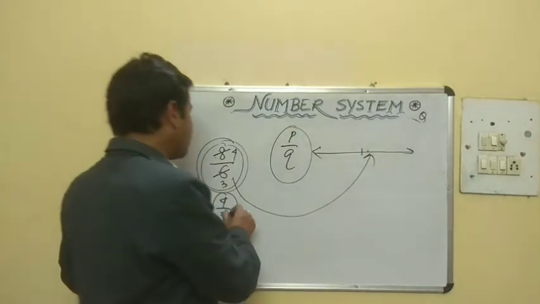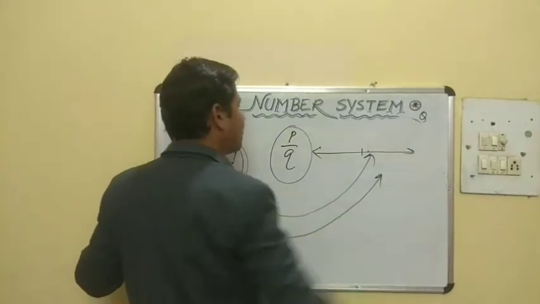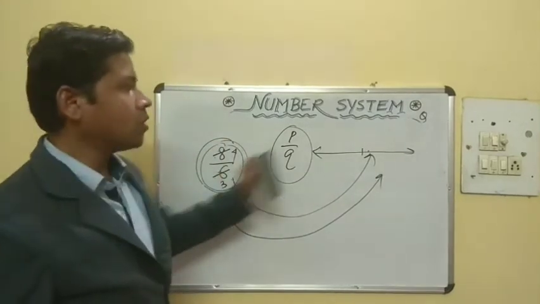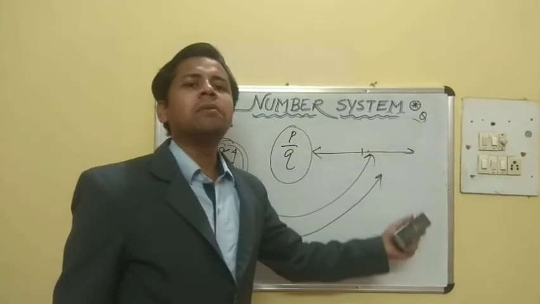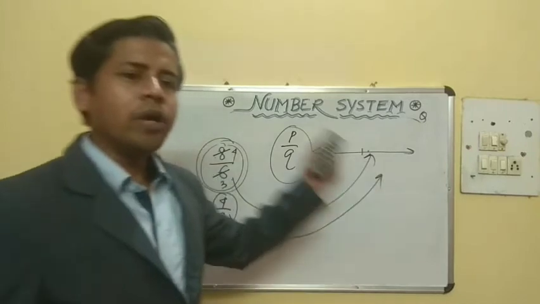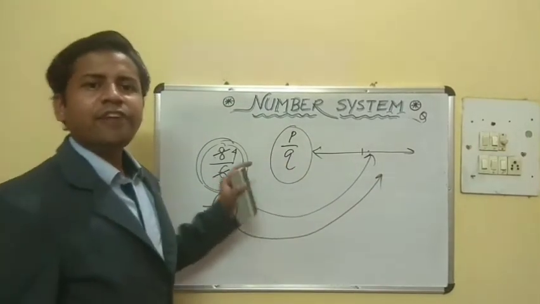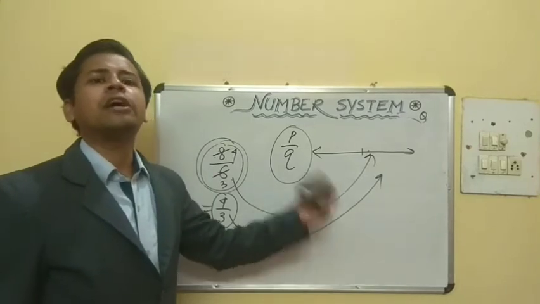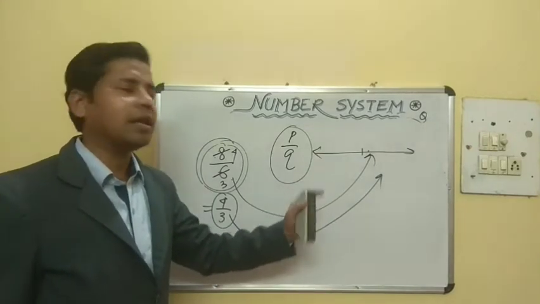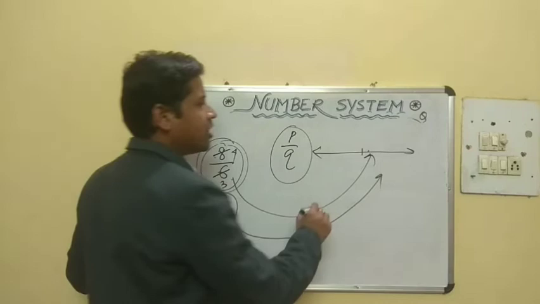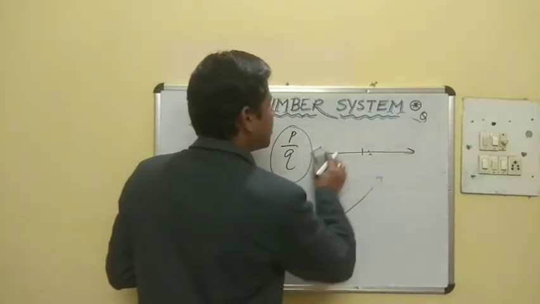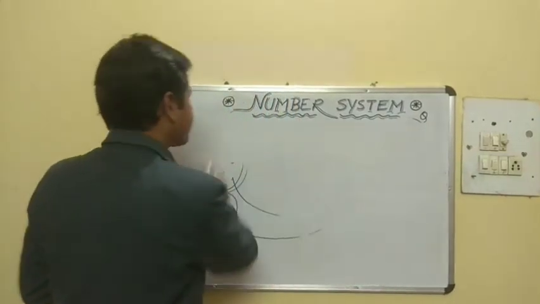We have to use this reduced form on the number line, because on the number line all the numbers are unique. We do not represent any equivalent fractional form of the rational number on the number line. It will be very much clear if we write on the number line.